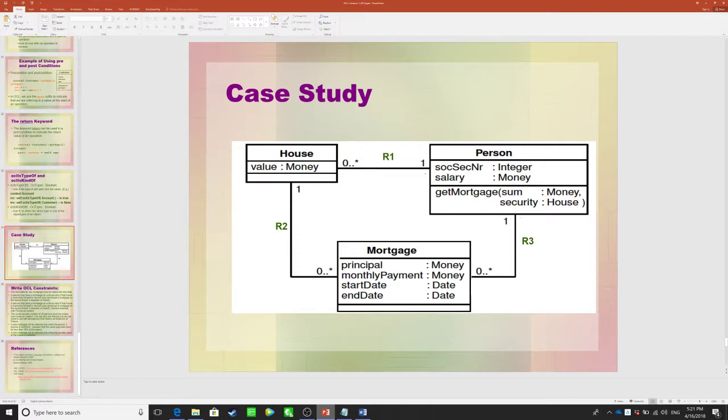Okay, so a problem is we need the monthly payment. We calculate the yearly payment from the monthly payment, and there are a whole bunch of those mortgages there, right? Right. So we R3.